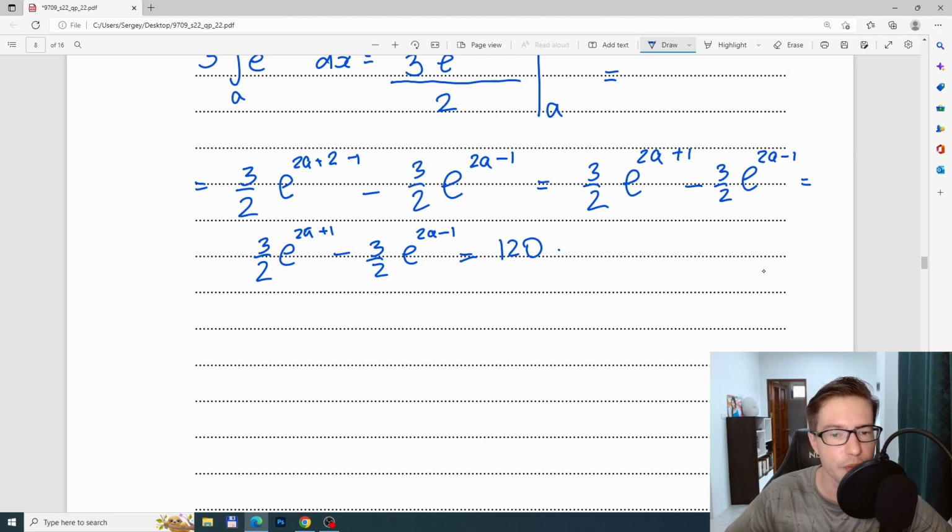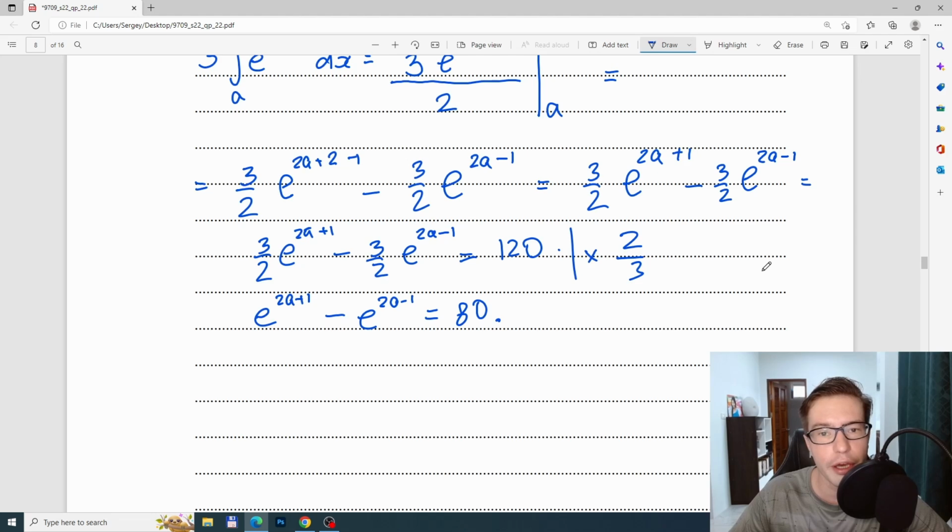Right, I'm going to multiply everything by 2 and divide by 3. So it means times 2 over 3. And I'll get e to the power of 2a plus 1 minus e to the power of 2a minus 1, and that equals 120 times 2/3. That's 80.